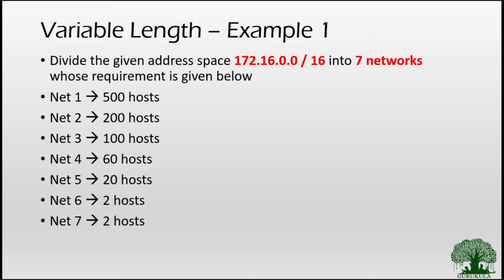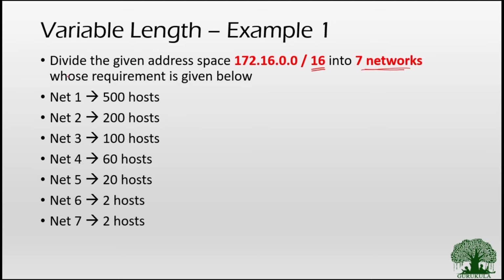So let us take an example and try to understand how exactly variable length subnetting works. The given question is, you are expected to divide the given address space, that is 172.16.0.0/16. /16 represents that it is a class B address, and we very well know that no subnetting is performed in this particular class of IP addresses.